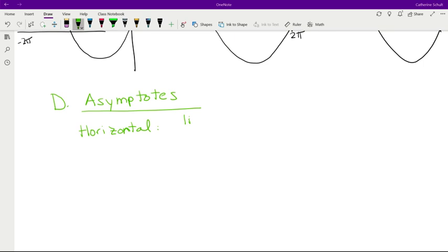So to find the asymptotes of a function, you would have to look at the limit as x goes to positive and negative infinity. And it won't always be asymptotic. But if the limit is equal to L, remember the horizontal asymptote would be y equals L. Okay, and that's a horizontal line.